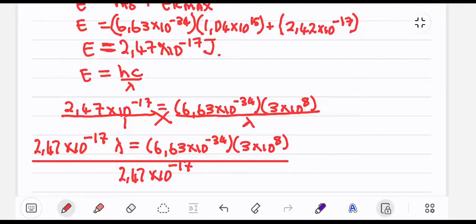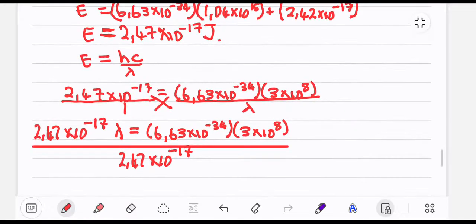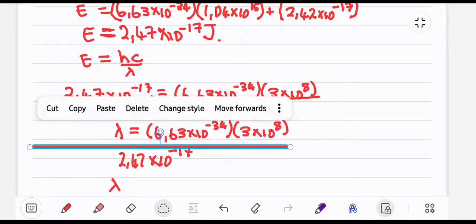So in essence lambda would become, remember this will cancel that, and we have that.